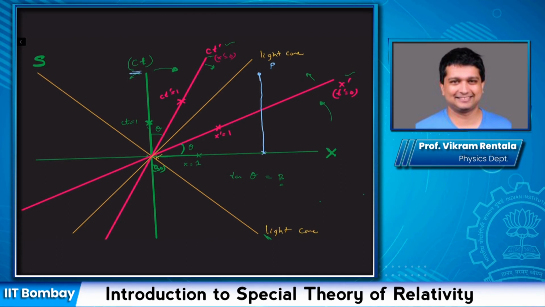All of the points on this perpendicular have a fixed value of x, but differing values of t. So when we see where this intersects the x-axis, we have located the x-coordinate of the point P, and we get the numerical value of the x-coordinate by seeing how many unit lengths we have to traverse to get to this point over here.